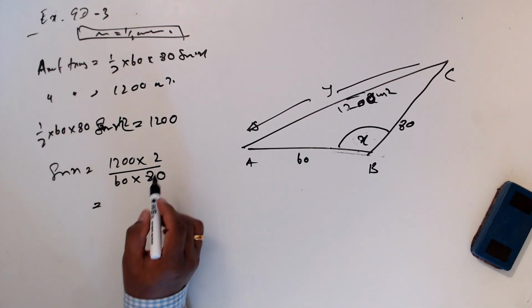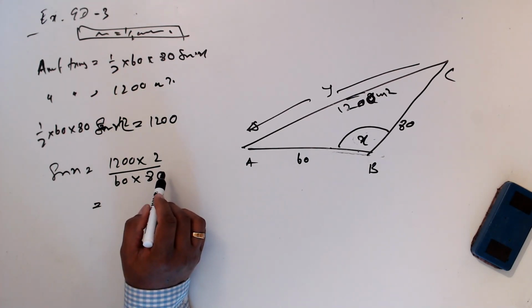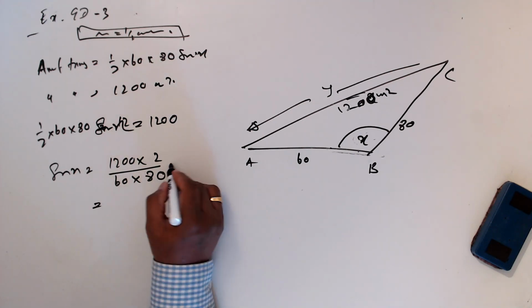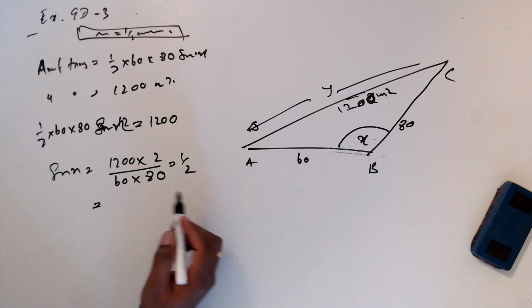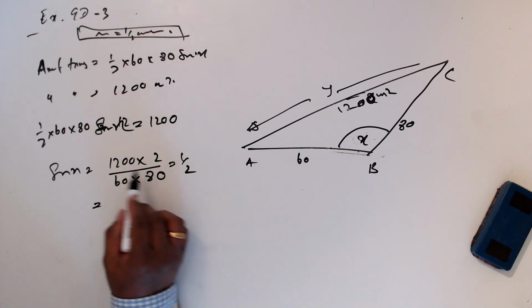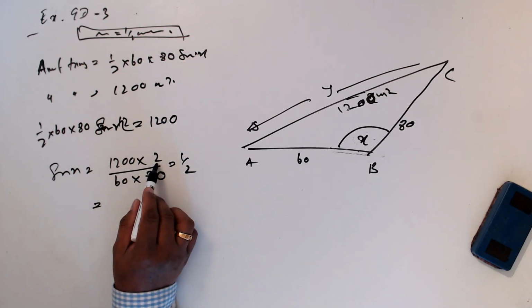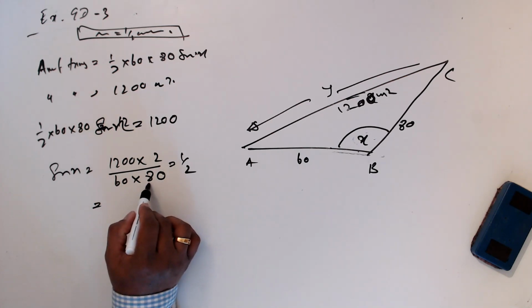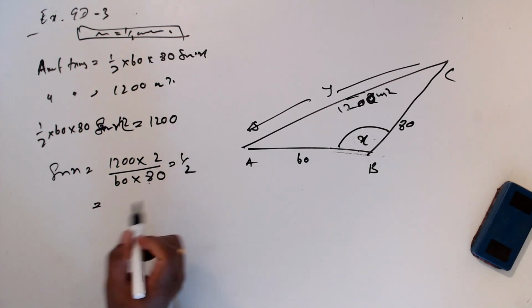So I can see that this is going to be half, because the zeros cancel out: 12 times 2 is 24, 8 times 6 is 48. So 24 over 48 is half.